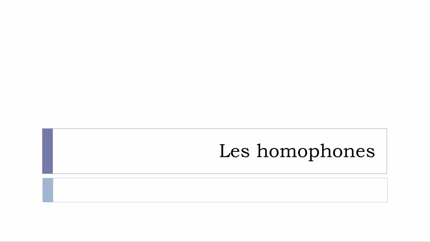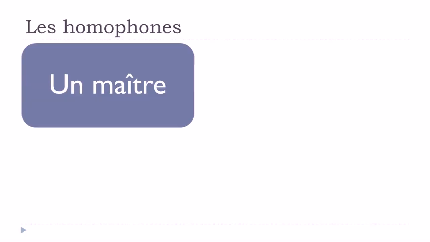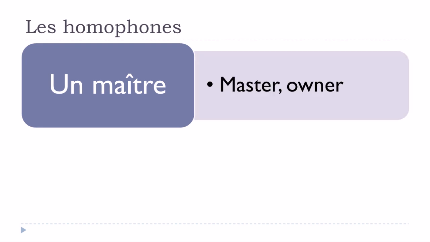Les homophones, so remember, we write them differently, we pronounce them the same way, and they have different meanings. Okay, so that's the thing. It is the third video, so the next one will be the last one covering this topic. Okay, so let's start now. Un maître, and so you will have the translation here.